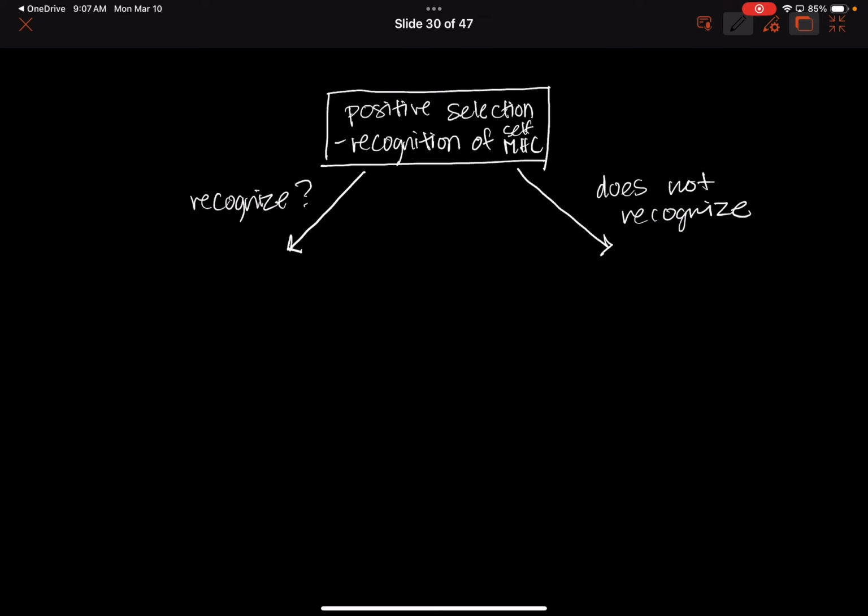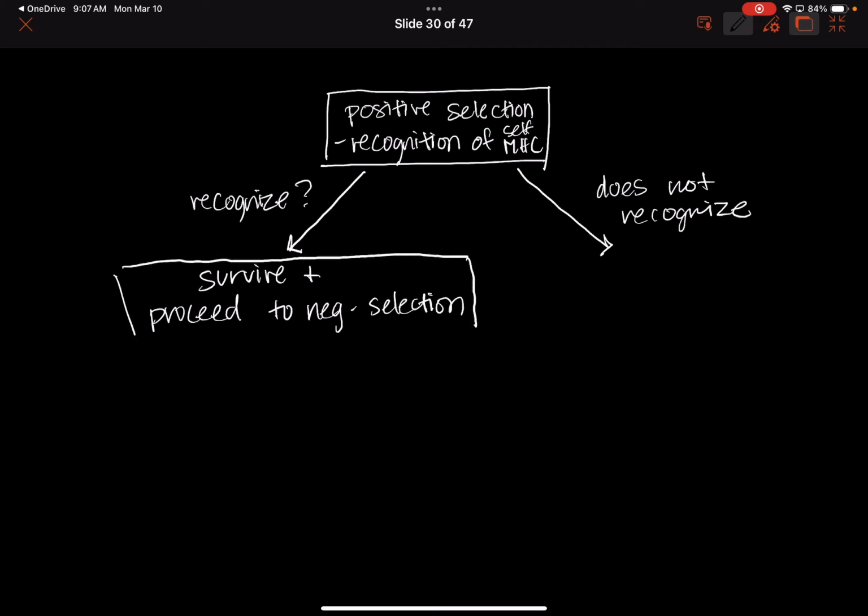If the T cell can positively recognize that self-MHC, they are going to survive and proceed to negative selection. If it can't recognize that self-MHC, then apoptosis.